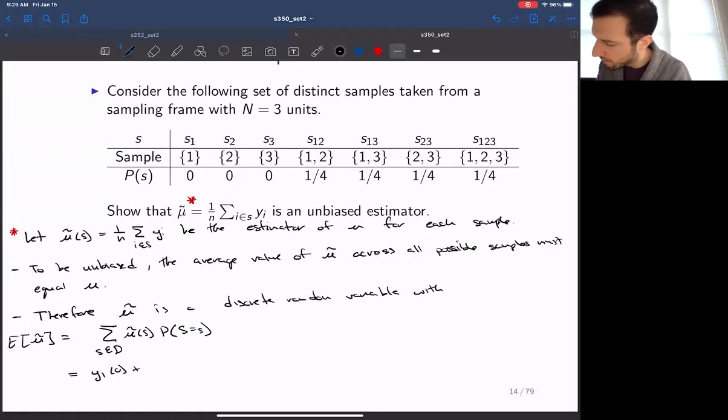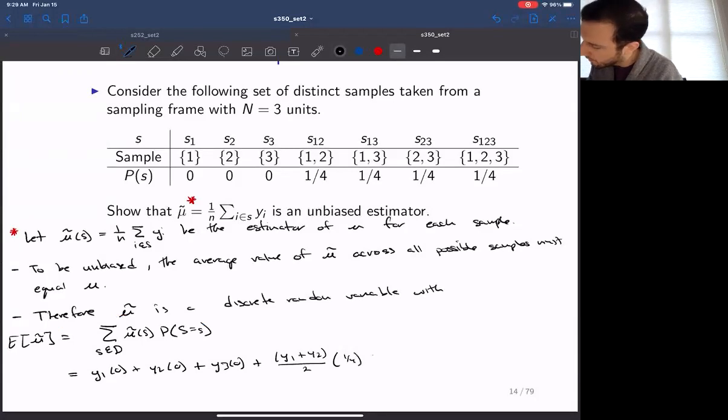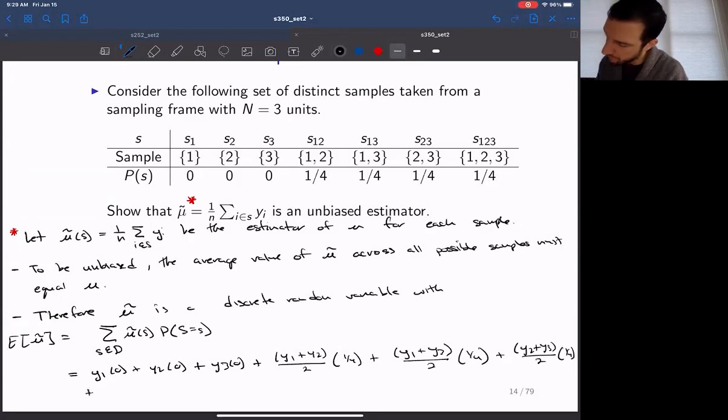y1 multiplied by 0 plus y2 multiplied by 0 plus y3 multiplied by 0 plus, and then we would have y1 plus y2 over 2 multiplied by 1 over 4 plus y1 plus y3 over 2 multiplied by 1 over 4 plus y2 plus y3 over 2 multiplied by 1 over 4 plus y1 plus y2 plus y3 over 3 multiplied by 1 over 4.